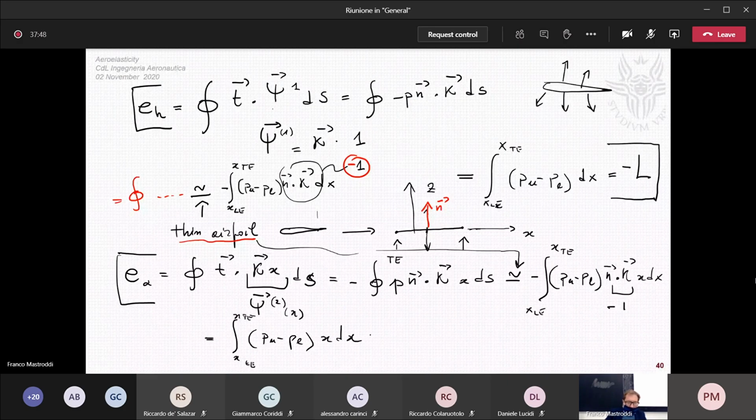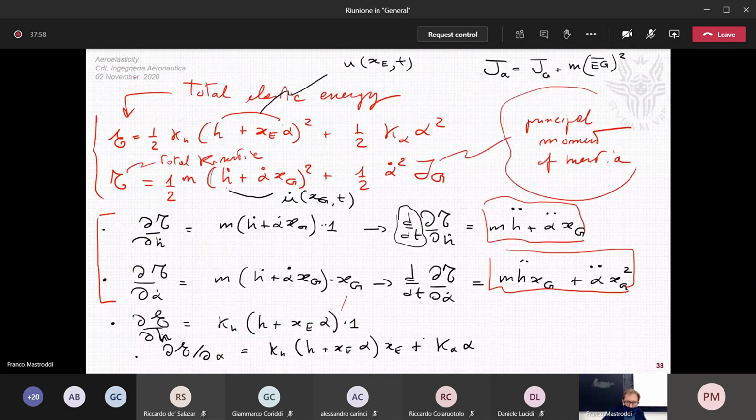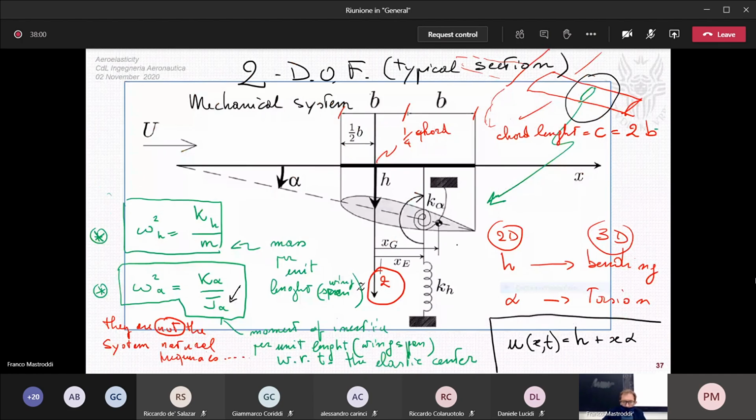And this is actually a moment of the aerodynamic force with respect to this point here. We have the moment with respect to this point, the point where we have defined the vertical displacement, which is actually the origin of our x-axis.